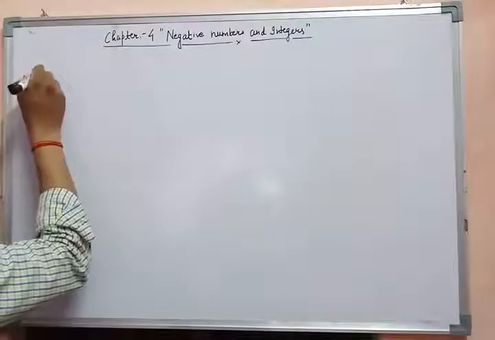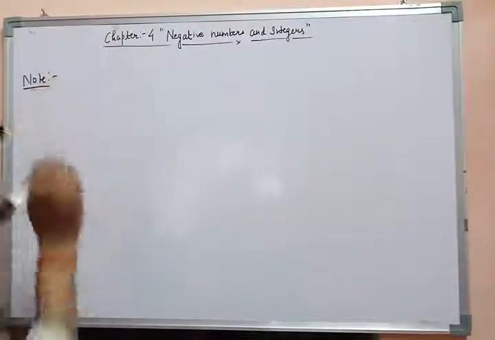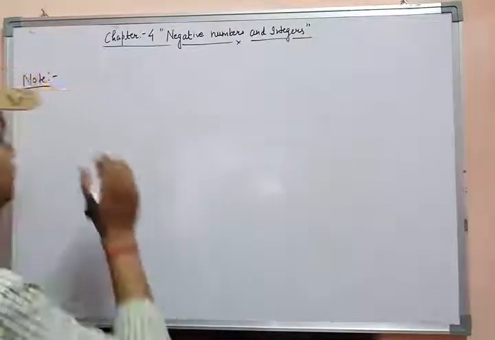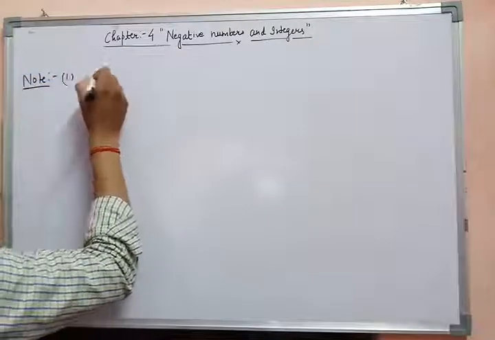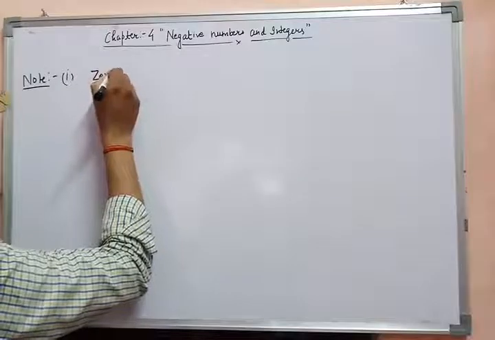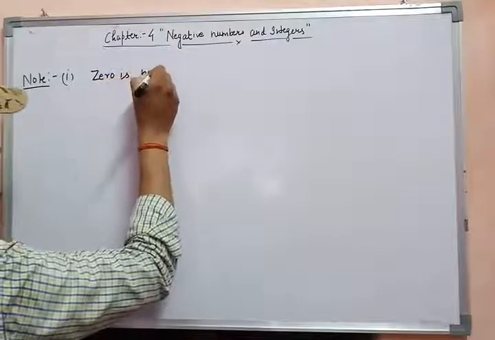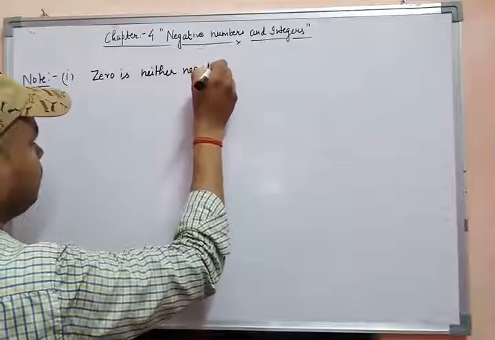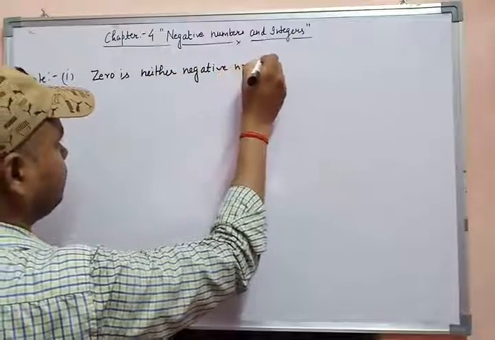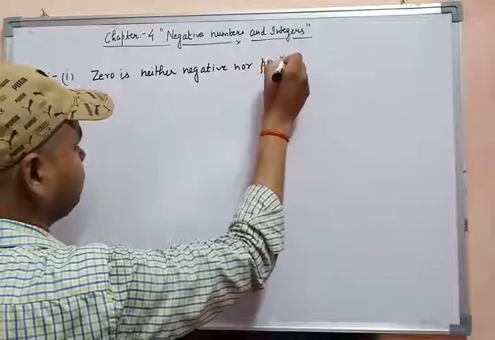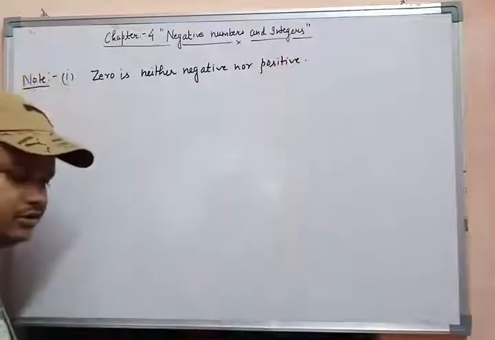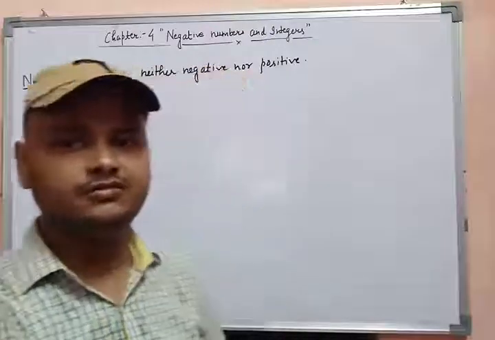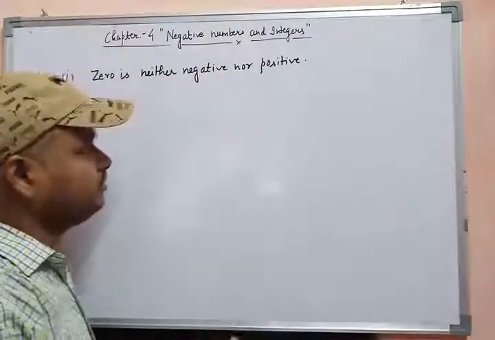The first one is, this is a very important line, so watch carefully. Zero is neither negative nor positive. So students, this is a very important concept that zero is neither negative nor positive.